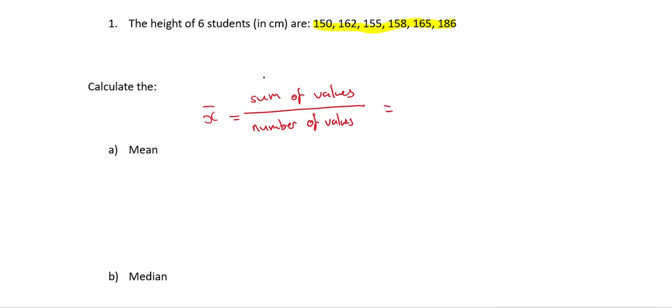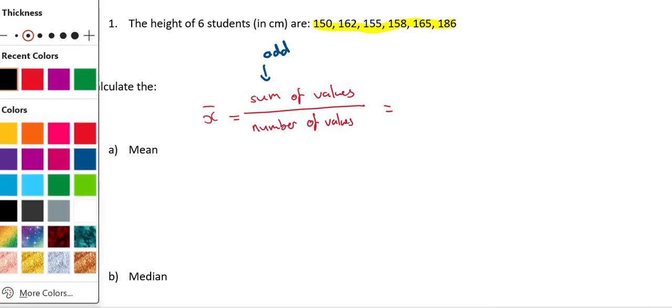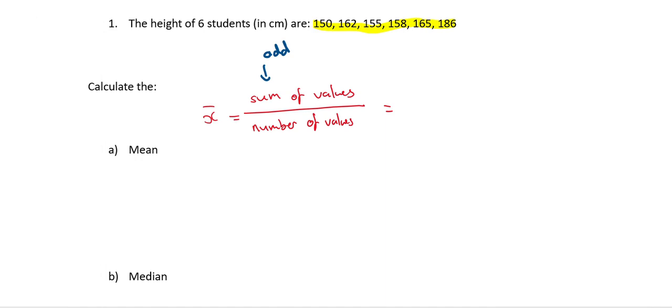What sum means is you're just adding, so remember to add. The number of data values just means how many there are, so just count them. There's 1, 2, 3, 4, 5, 6. So that means n equals 6.